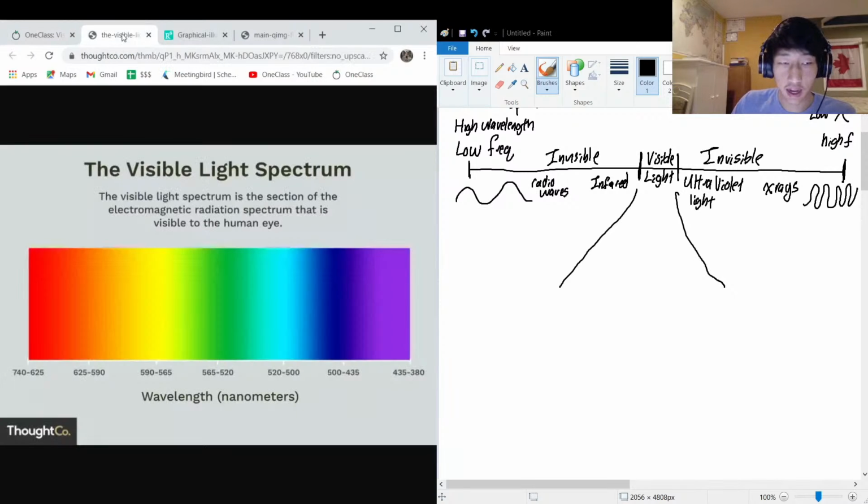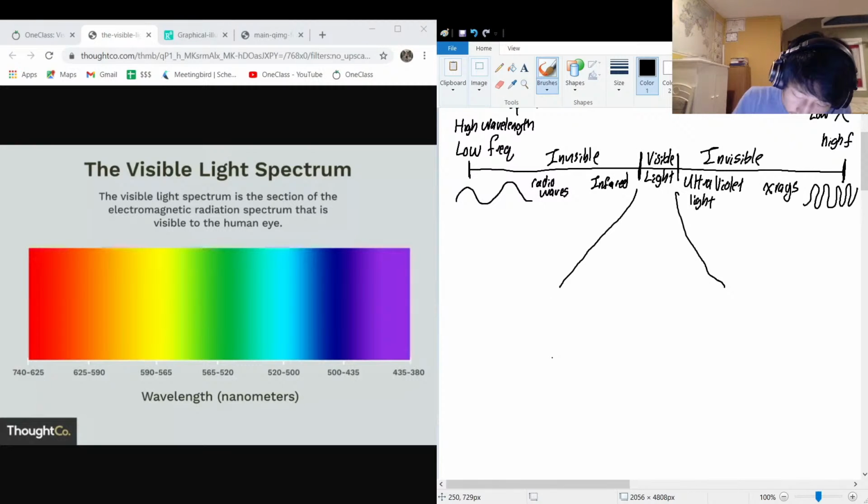It's better if I look at a nice diagram that shows the visible light spectrum. Okay, courtesy of ThoughtCo. Thanks, ThoughtCo. Really thoughtful of you. So you can see, it really does follow a rainbow type of way.